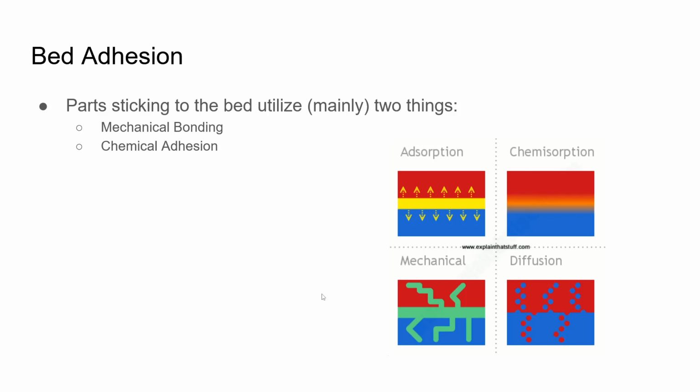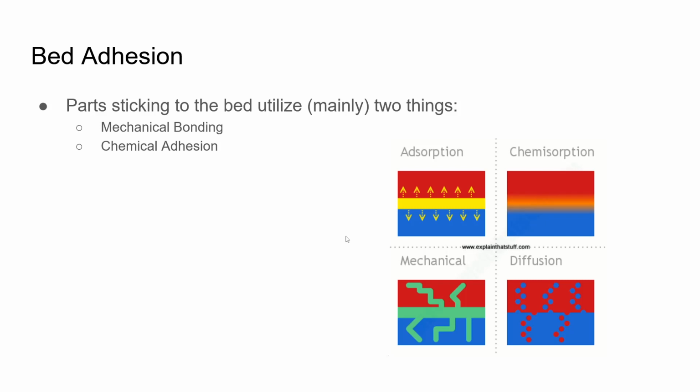So the first one, mechanical bonding, is assuming that you've got a porous enough material that when your plastic is 3D printed, it basically goobers into there and then gets stuck in, right? It's connected in all these little teeny micro pores.